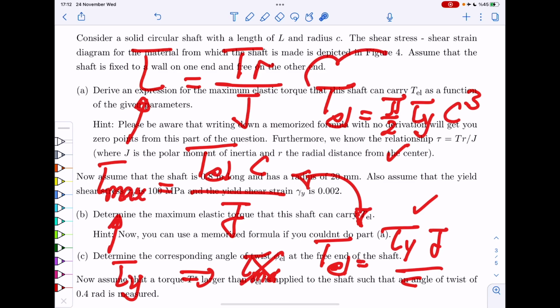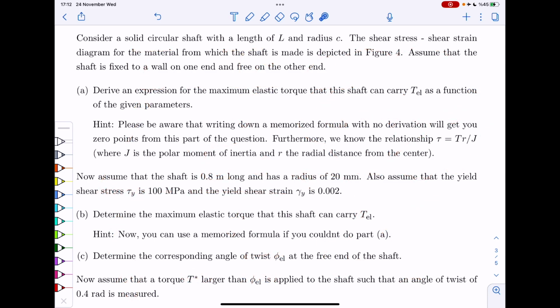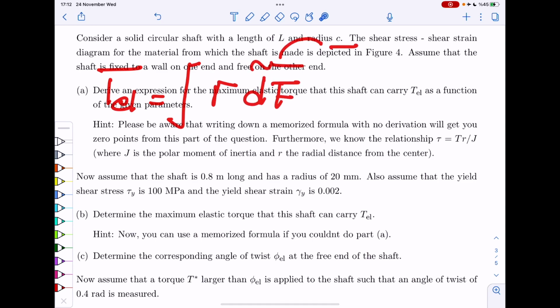Now, you could have also calculated it using our usual integral. T is the integral of distance times dF. If you have a shear stress distribution, dF is tau dA, so you get the integral of R tau dA.